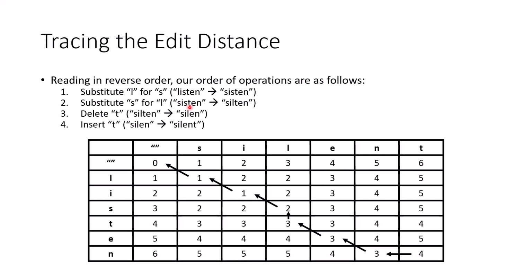And then we go to the next character, we're going to delete the T, so cross it off, so Silton becomes Sillin. And then we just need to do a final insert of T, which is going to be right over here at the end, so Sillin becomes silent. And you can see we did only 4 operations, so that corresponds to the edit distance.